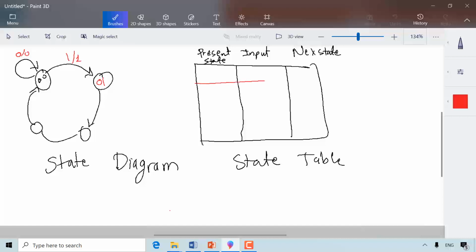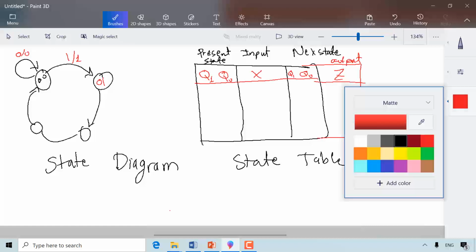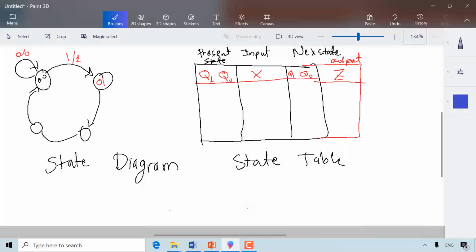Here the present state is represented by two flip-flops in my example, Q1 and Q0. How many inputs do I have? X. What's the next state? It will be Q1 and also Q0. And my output is Z. So this is how I convert the state diagram into a state table.